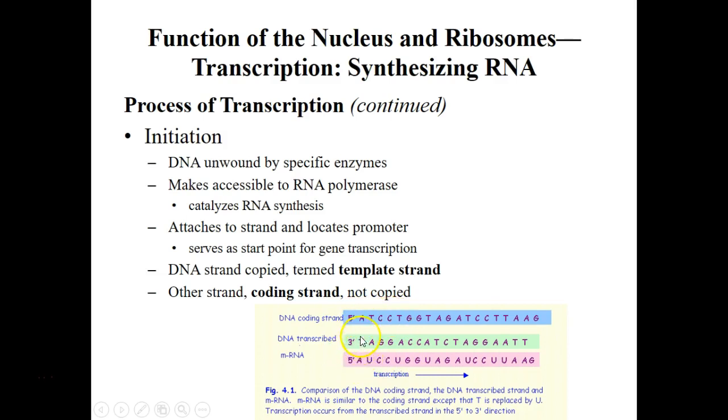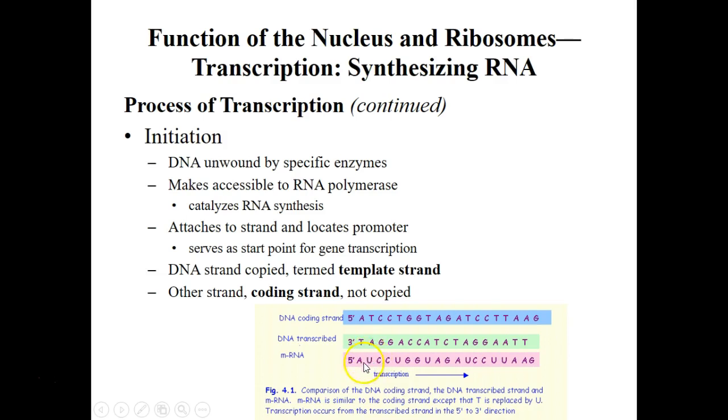Here where the T is in the DNA, A binds. RNA, remember, differs from DNA in that it's always single-stranded and there's no thymine. When thymine would be present or would bind, you have uracil. So wherever we have an A in the DNA, the complement U will attach. G to C, G to C, A to U, and wherever there's a T, you're going to have an A. We're just producing the identical copy.